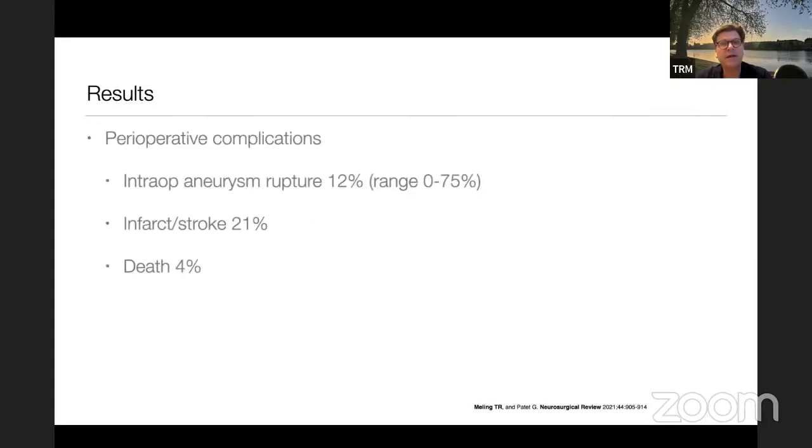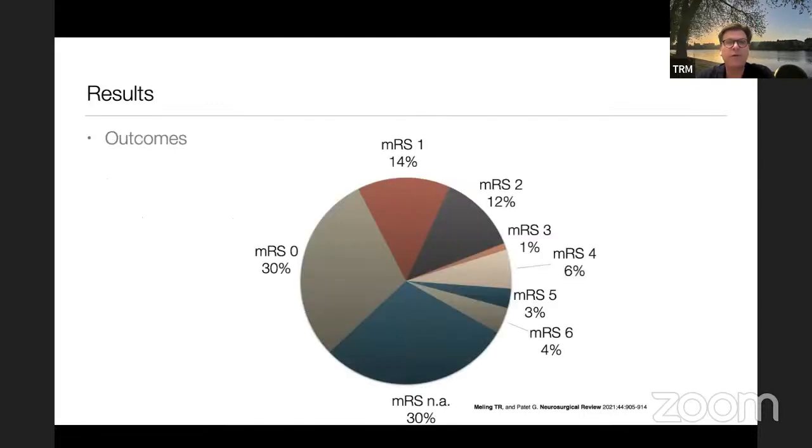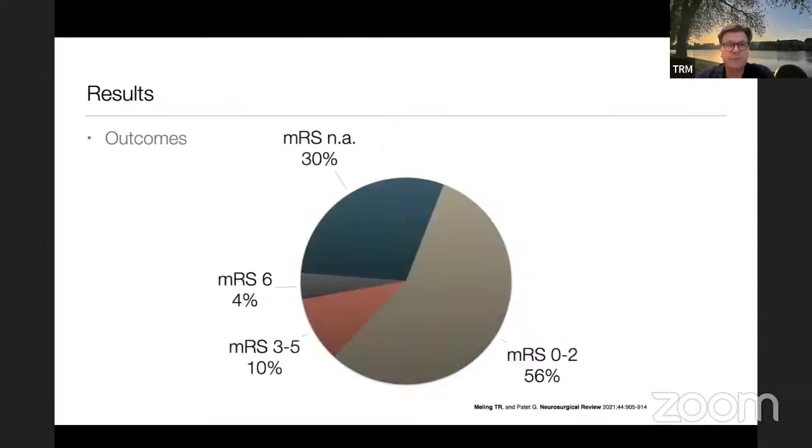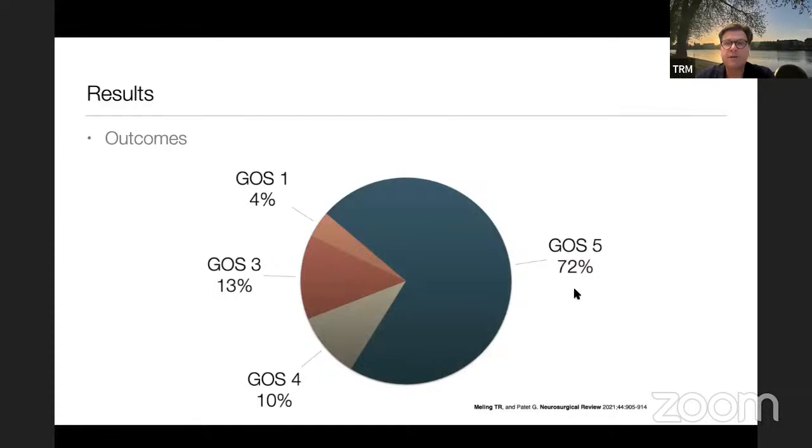Again, 12% infarct to 20%, so slightly higher than with the clip wrap technique that I use, and also a slightly higher mortality. Here are the modified Rankin outcome scores in larger groups, so good outcome in 56% of patients.